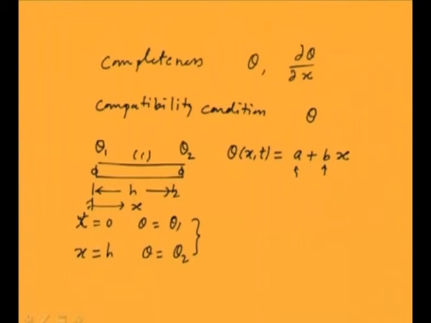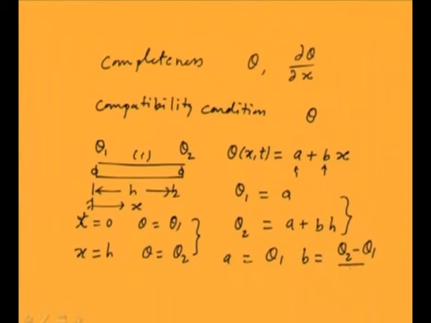So if we substitute these two boundary conditions, we can get these relations. Second boundary condition, a plus b h. Now this equation can be solved for a and b. A we can directly get as theta 1, and b is nothing but theta 2 minus theta 1 by h.